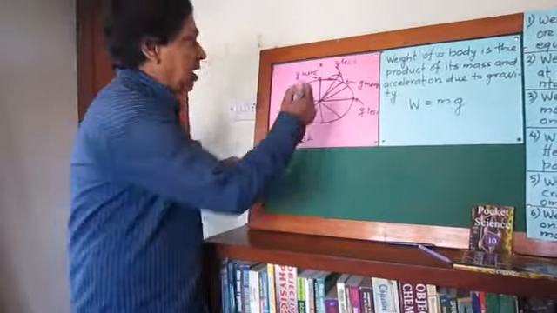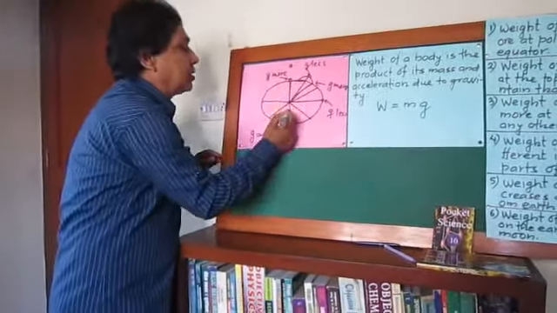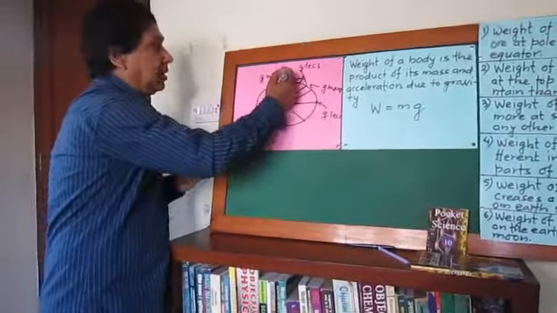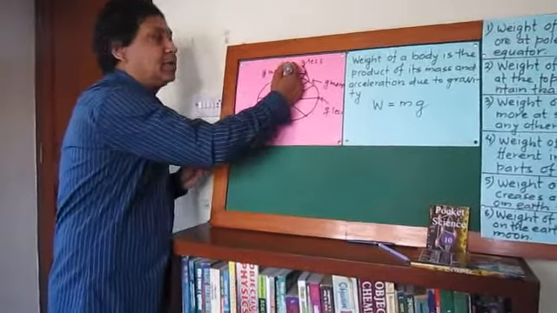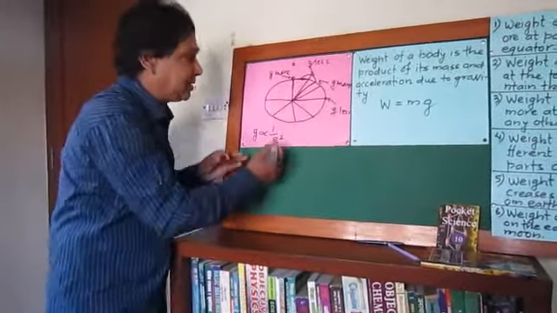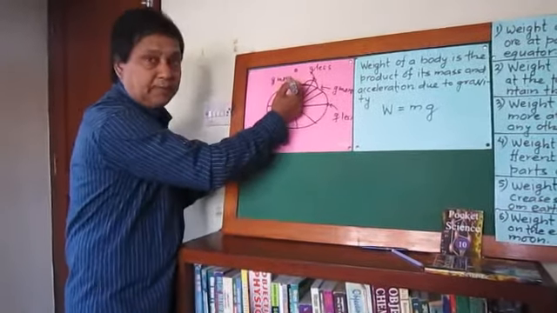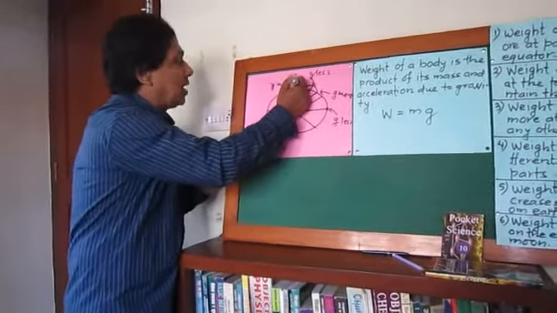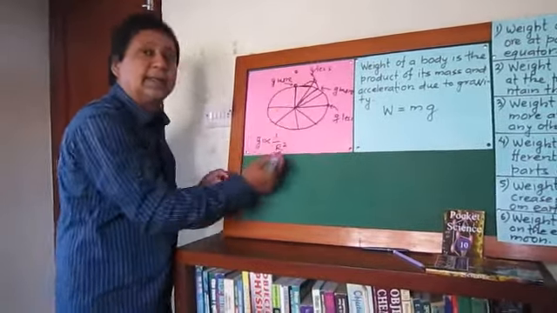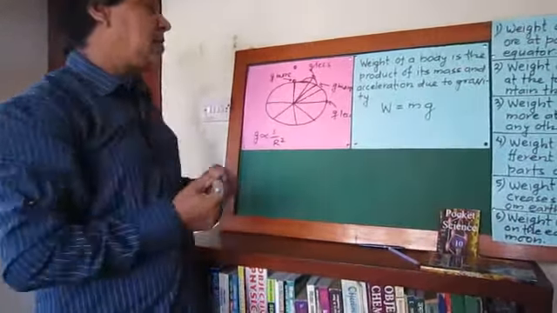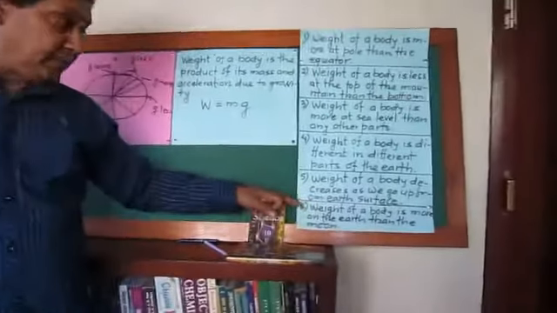It means at this place the gravitational force between the earth and the body will be less, because if distance increases, gravitational force decreases. Since the gravitational force of the earth acting on the body is the weight of this body, that's why weight at this place is less than that at the surface. Now let's talk about another point.